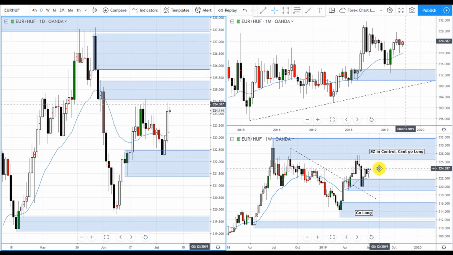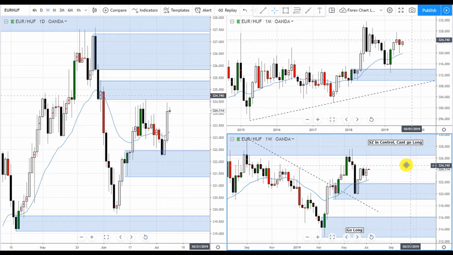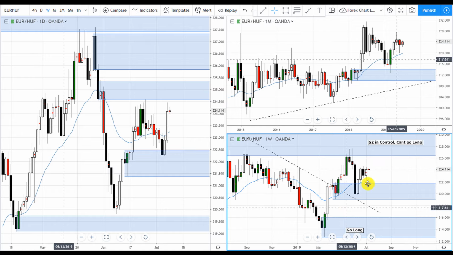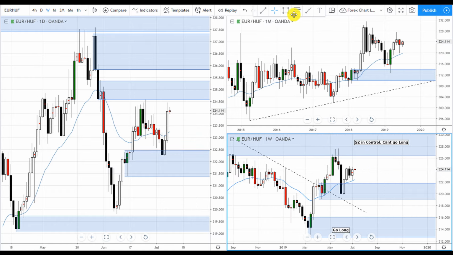If your rules state that you can go counter trend, then here is a supply zone right here, and here's supply zone 2, which created this move. So we can short right here and here for short-term income.